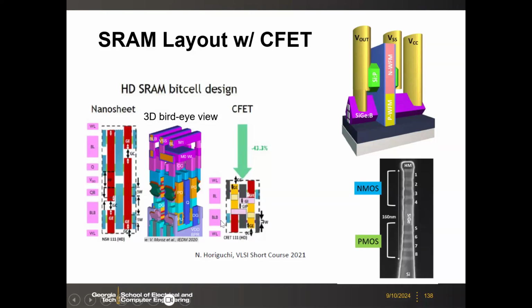So you can further shrink the SRAM cell size, right? Because you have NMOS and PMOS, if one of them could be on top, then you will reduce, for example here, like 40% area. So there's still some space for scaling if you take advantage of the third dimension.